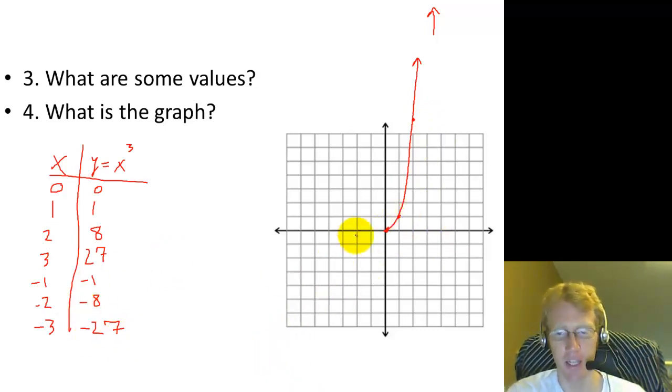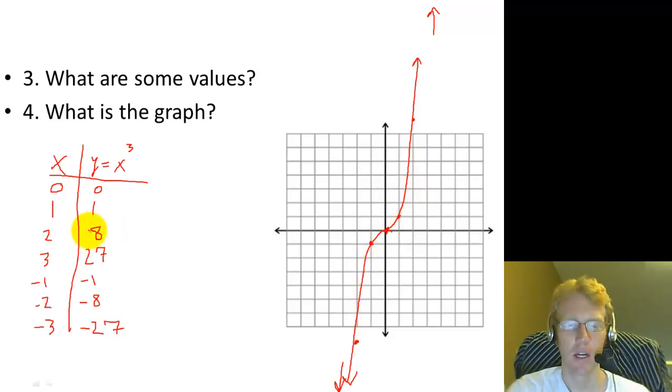Then on the negative side, instead of being symmetrical this way, it's symmetrical this way over the origin. So -1, -1, -2, -8, and then -3 is going to be way down there somewhere. So this is going to curl. Oops, I haven't drawn it quite well, but that point is right there. So you can see it's symmetrical over the origin. The top right and the bottom left look the same.